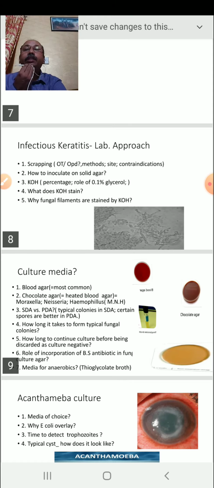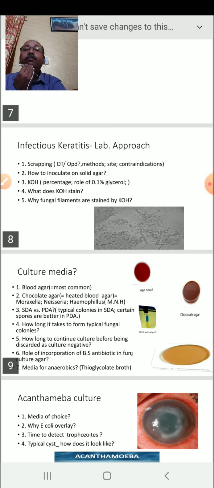Now how can you inoculate on solid agar? We normally prefer a surface streak. Now KOH is of paramount importance. It is usually available in a strength of 10%, and 0.1% glycerol is added in the KOH formulation.